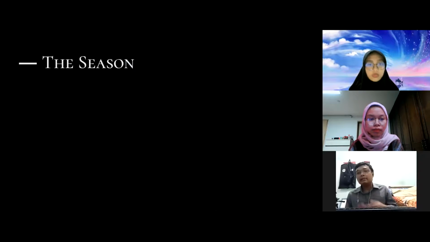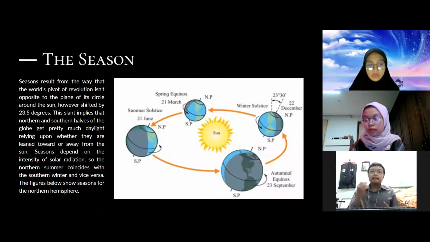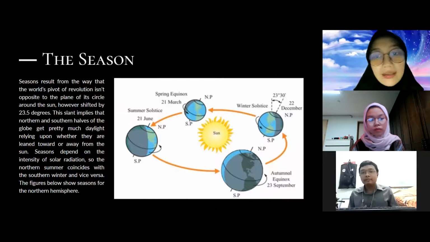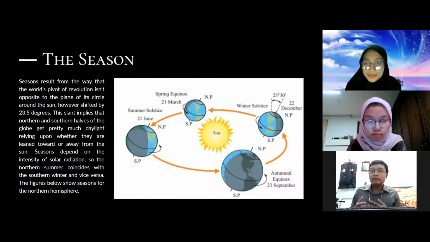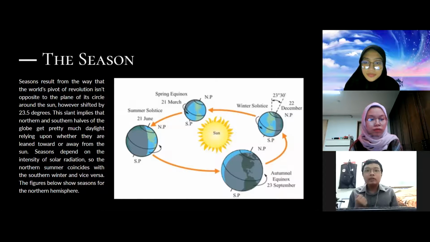the seasons are different in each part of the Earth. Why? Because again, Earth is tilted 23.5 degrees. Seasons result from the Earth's axis of rotation being tilted relative to the plane of its orbit around the sun, shifted by 23.5 degrees.